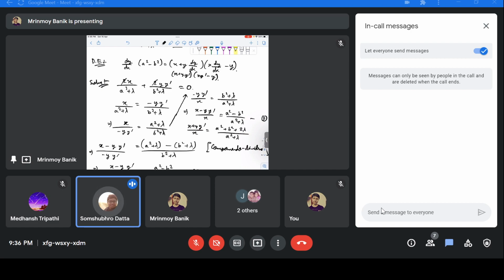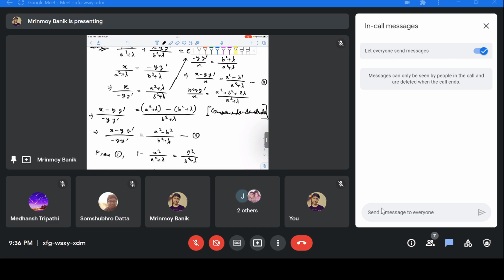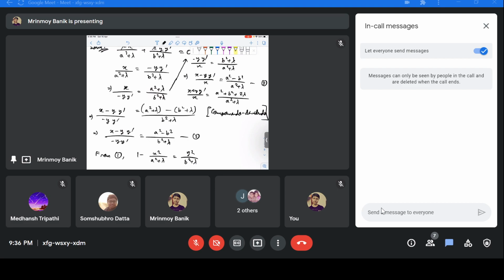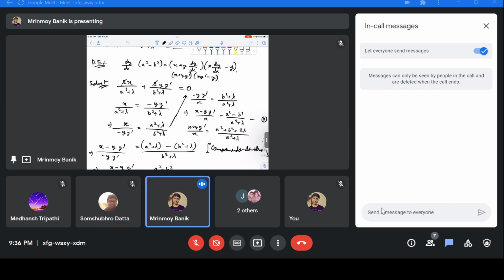Hence the conclusion: a squared plus lambda equals 1. Okay, let me check once. Just a minute. How will I get? Oh, okay. So we can divide by y dashed. Minus b squared plus lambda by y.